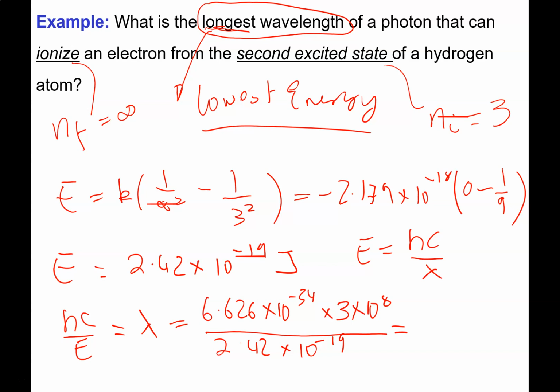So when I do that, the wavelength that I got was 8.21 by 10 to the minus 7 meters. And if I want, I could convert that to nanometers, but I'm just going to leave it as it is.